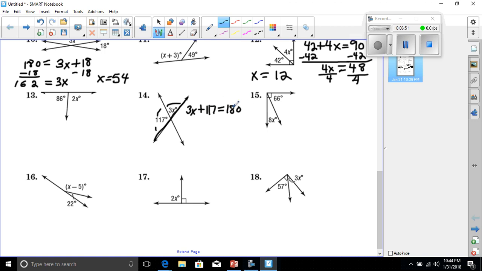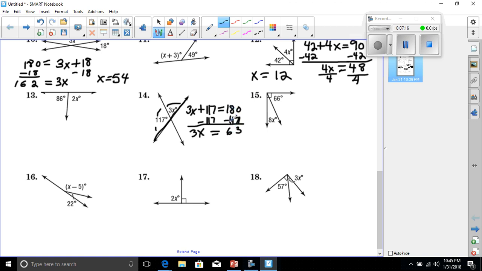I have to get x alone, which means I have to subtract 117 from this side. And whatever I subtract from this side, I subtract from this side. Now my 3x comes down, and it's going to equal, let's see here, that's going to be 3. I had to borrow one here, so that's 7 minus 1, that's 6.